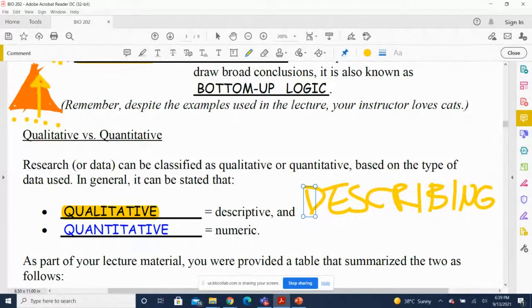And the best way of understanding what qualitative research is, is to have a look at what it is not. When we talk about quantitative research, we talk about research that's all about numbers. In quantitative research, we can actually come up with numeric outcomes of the topics that we're studying.